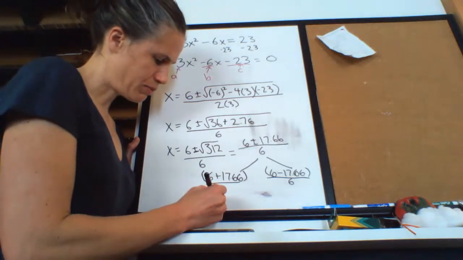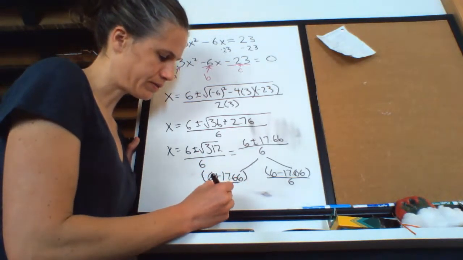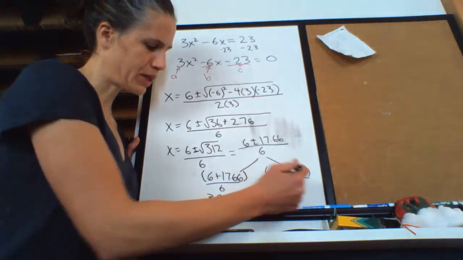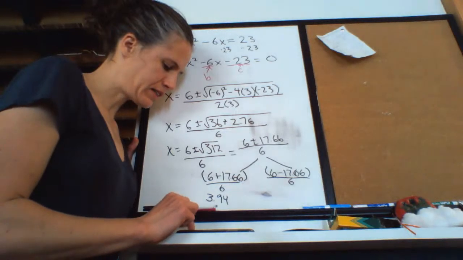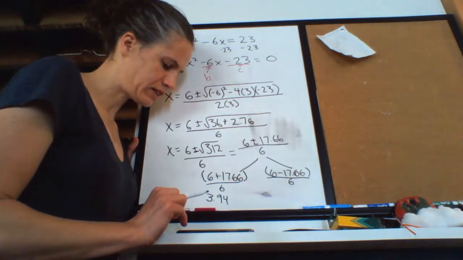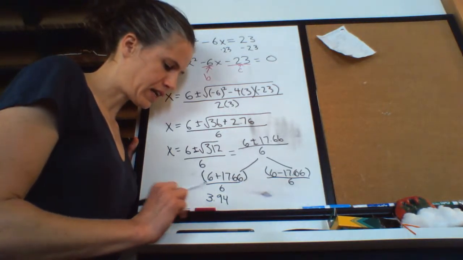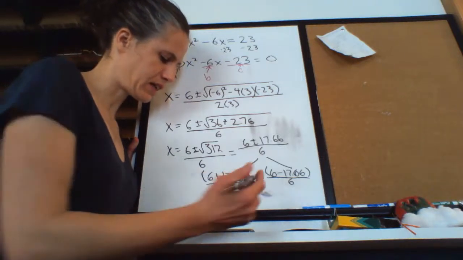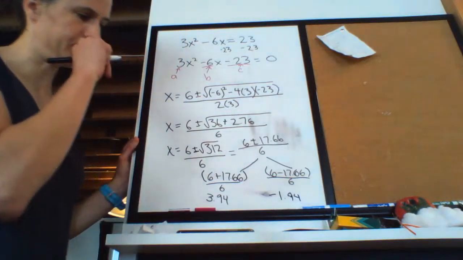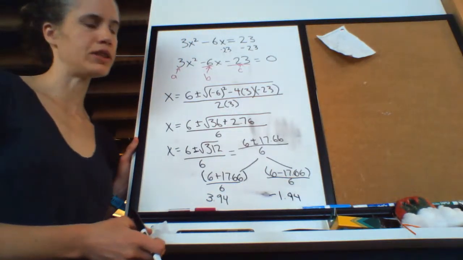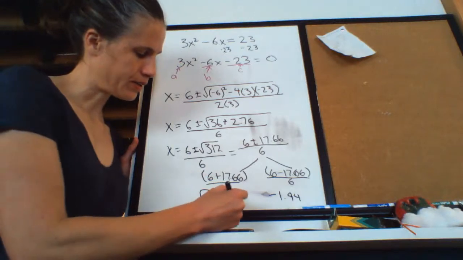And I get 3.94. Okay, here I'm going to do the same thing. 6 minus 17.66. And then I'm going to take that answer and divide it by 6. So I get negative 1.94, right? So two solutions there, here and here.